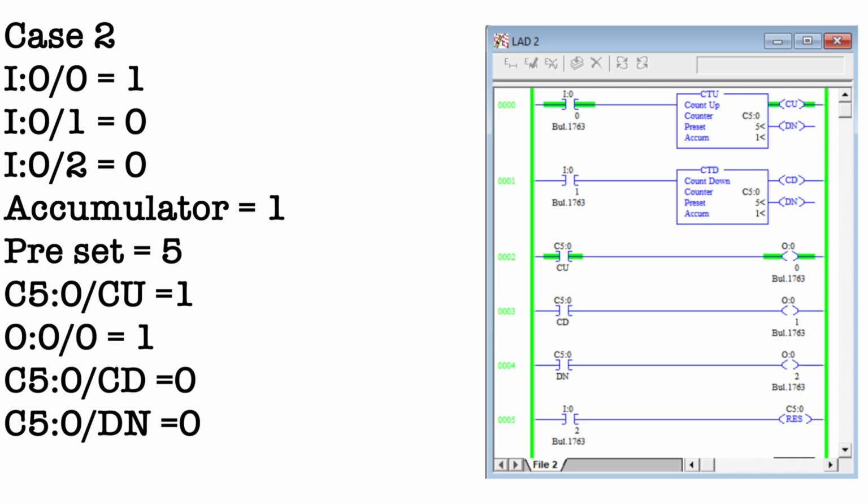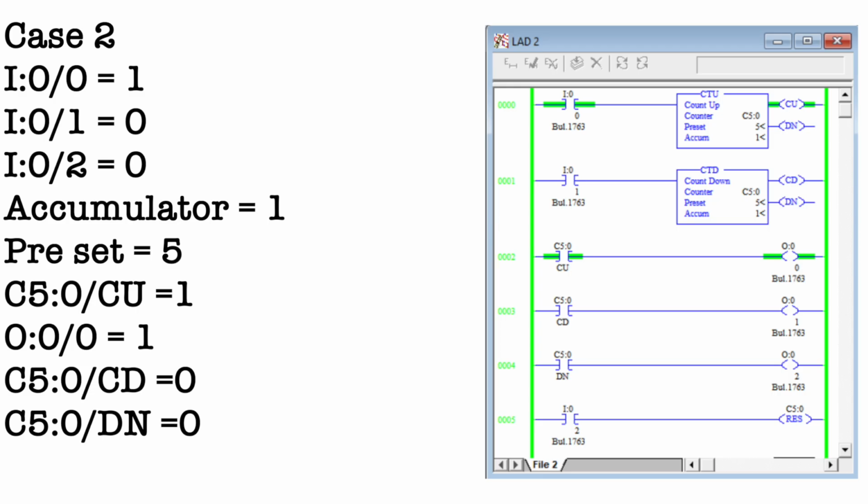But at the same time you can see in the down counter the accumulator value is also increasing by 1, right? Because the address is the same for the up counter and the down counters. But in this case you can see my CU bit is high only, and my CD bit and my done bit are 0, right?